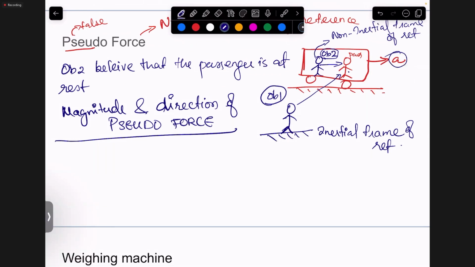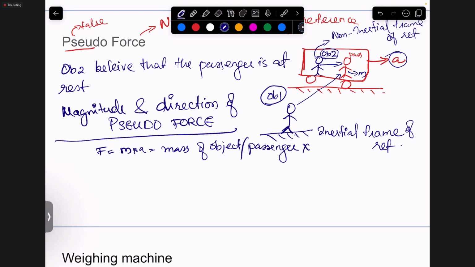So let's consider the mass of this passenger is m and acceleration is a. So the force with which this passenger is moving is m times a.